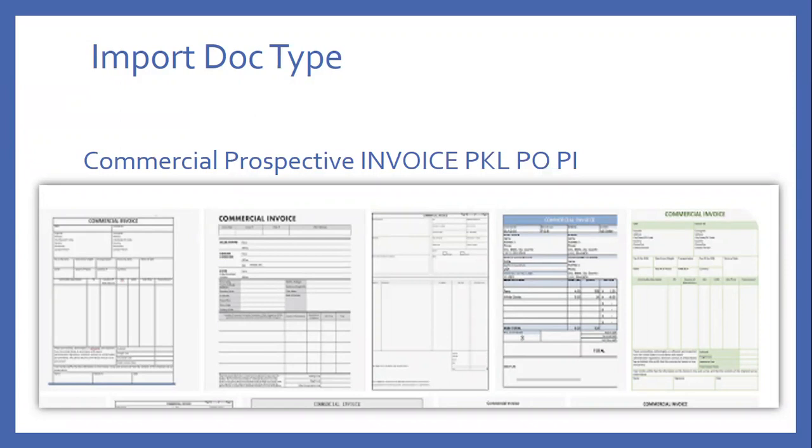Then again the exporter will prepare the commercial invoice and packing list. These are the commercial perspective documents used in trading, international business, and import export. We have understood the importance and procedure of the documents.